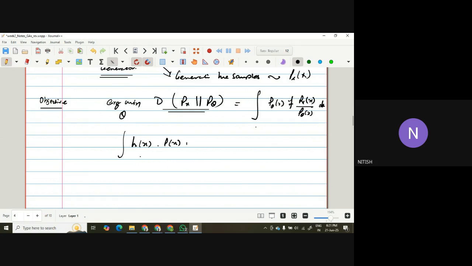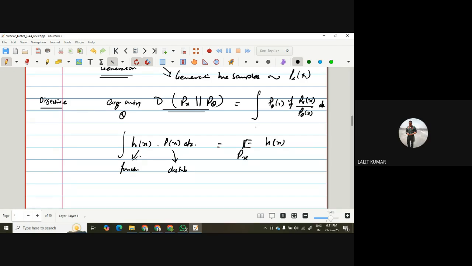So we know from statistics that if we have got a function and if we have got a distribution, then it can be approximated as the expected value of h of x over px.